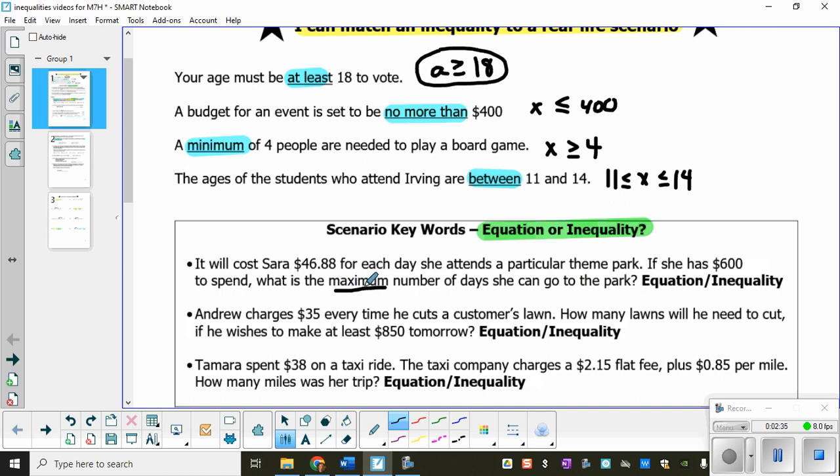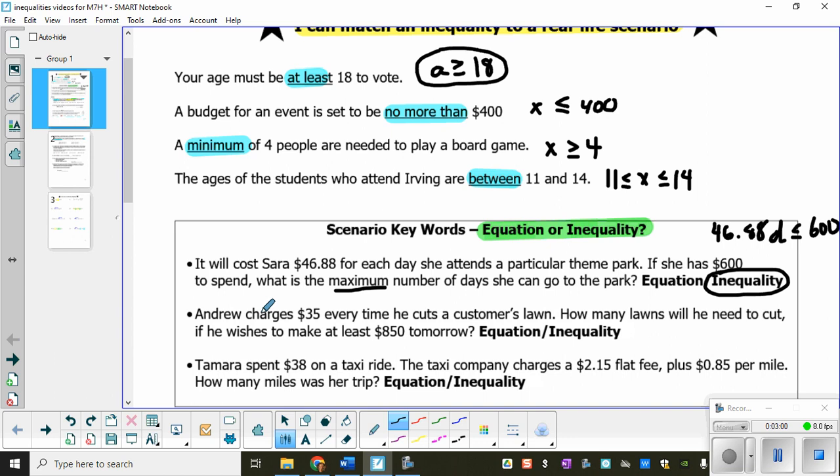So basically, because we have a maximum, she can spend 600 or less. That gives us an inequality. And off to the side, I'm just going to write it here, that if it's 46.88 times the number of days that she's there, that would need to be less than or equal to the $600 budget that she has. So again, an inequality.